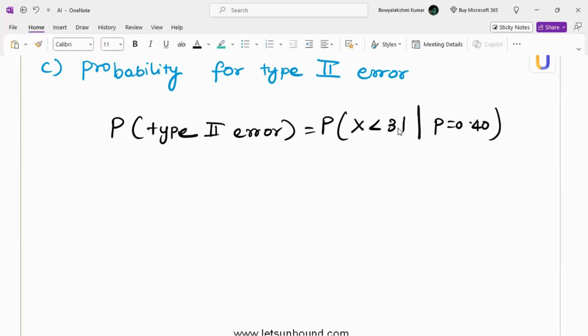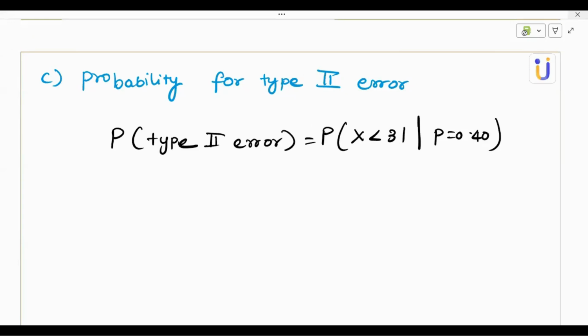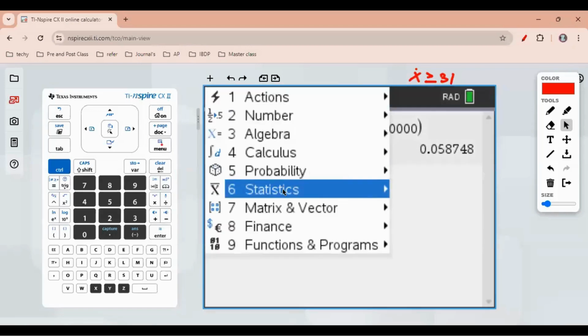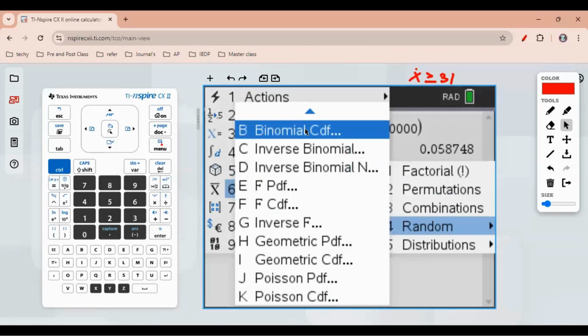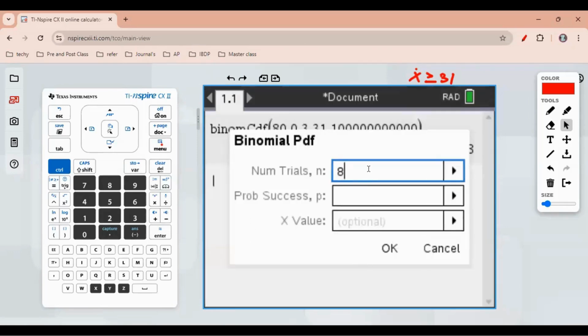And again, this can be solved using binomial CDF using GDC. Let's move to that. Stat. Okay, probability distributions. Again, binomial CDF. Number of trials is 80. Probability in this case is 40%, so 0.40.